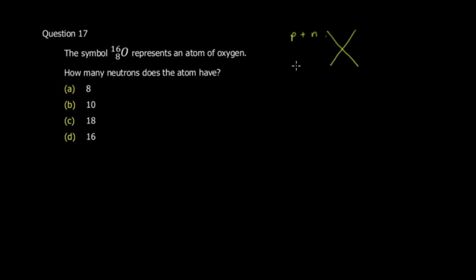Always, this is the standard notation. And this one is the number of protons, called the atomic number. So here you have protons plus neutrons equal to 16, and protons equal to 8. So you can substitute 8 here: 8 plus n equal to 16. So n is equal to 16 minus 8, which is 8. So the number of neutrons would be 8.